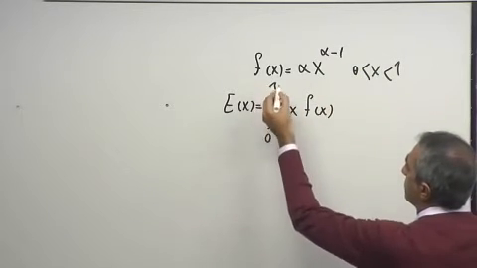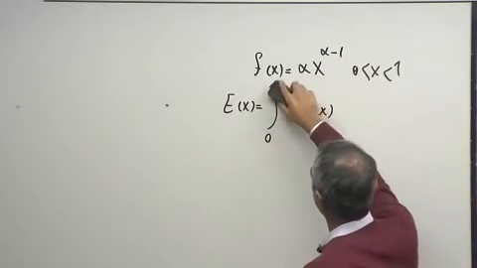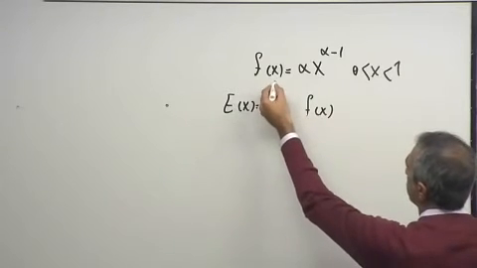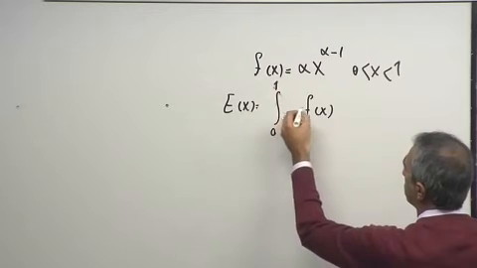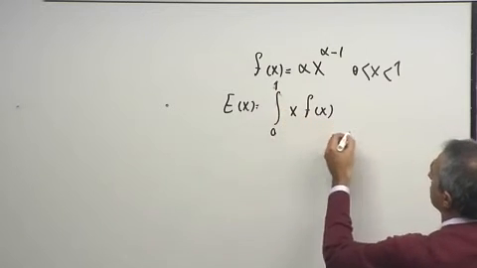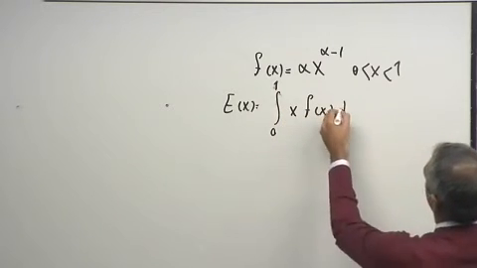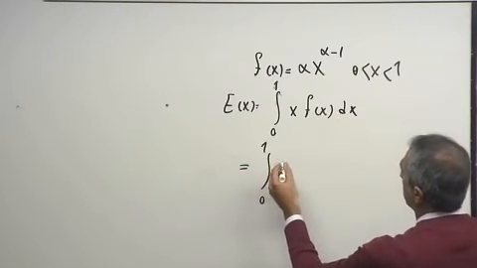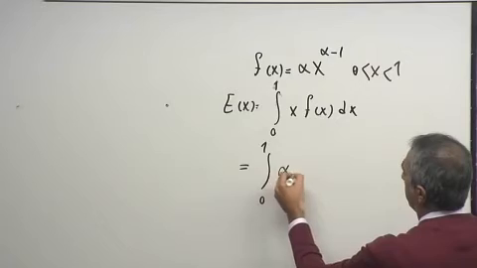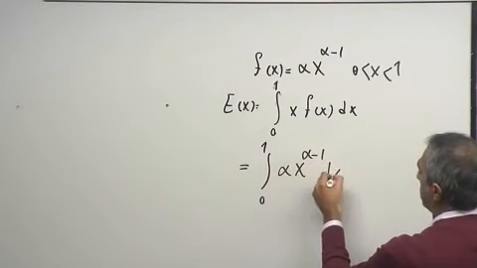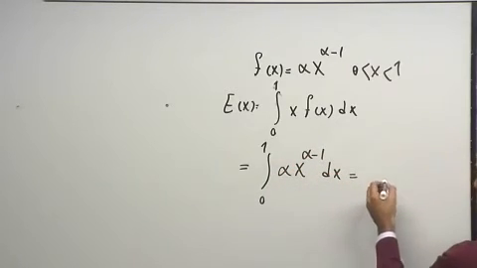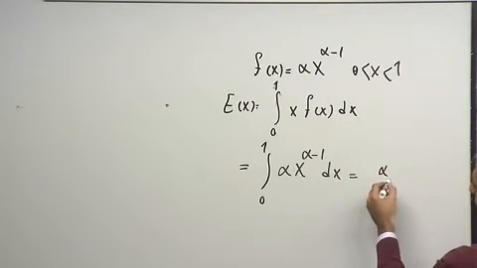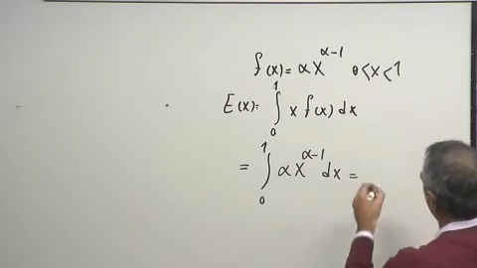And so integrate from 0 to 1, alpha x to the power of alpha minus 1 dx. And this would be alpha, or x to the power of alpha. That's easy.